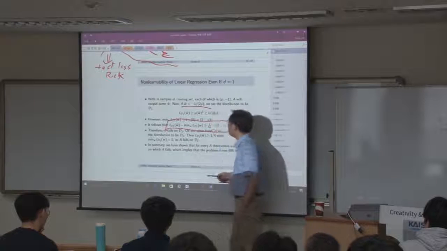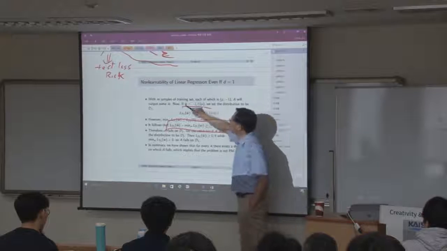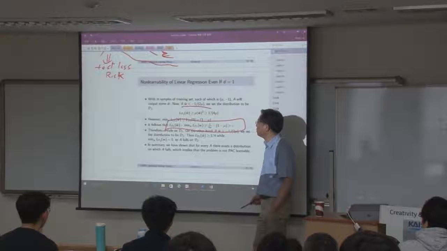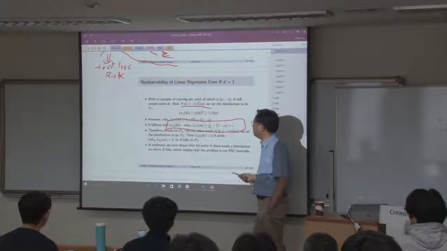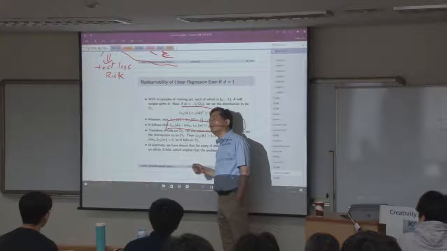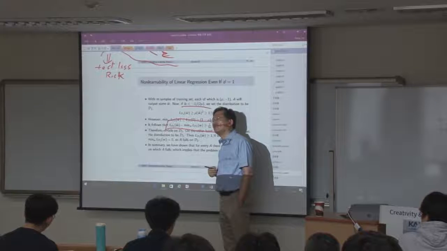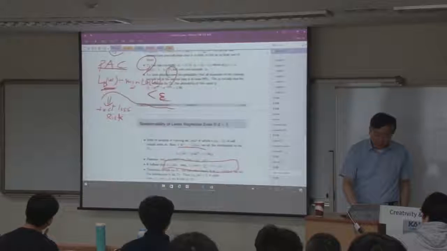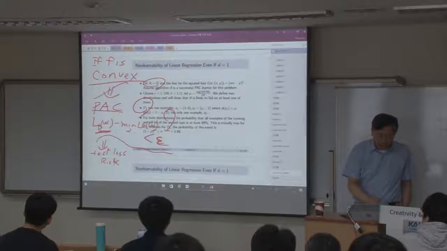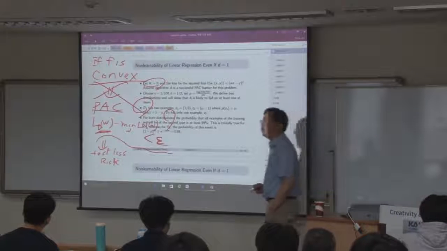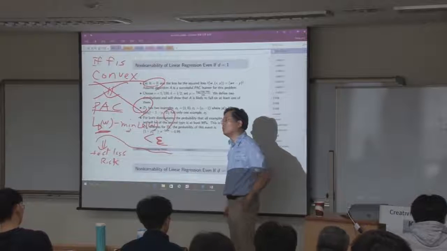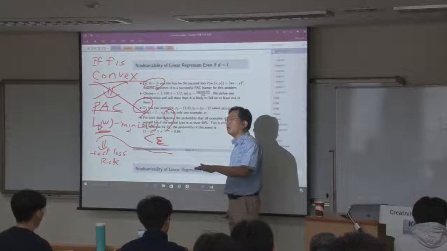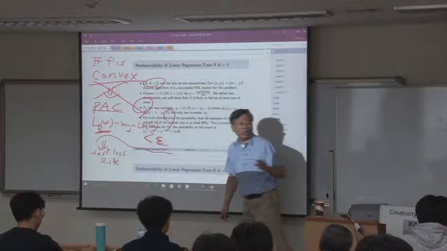Now if my W star is bigger than this value, then it fails on D2. So go through this exercise; this is just to show you that the claim "I have a convex function, so it must be PAC learnable" is wrong. That's the message that I want to say.